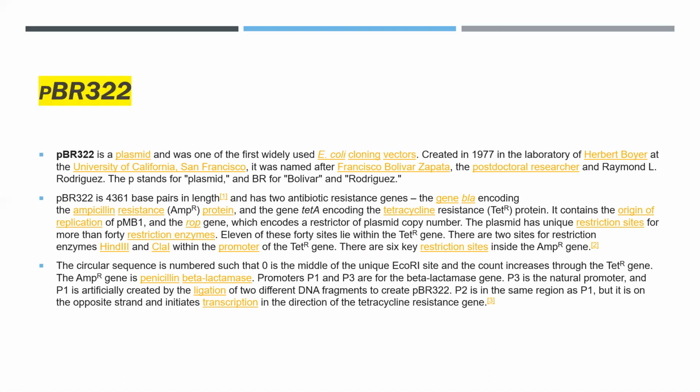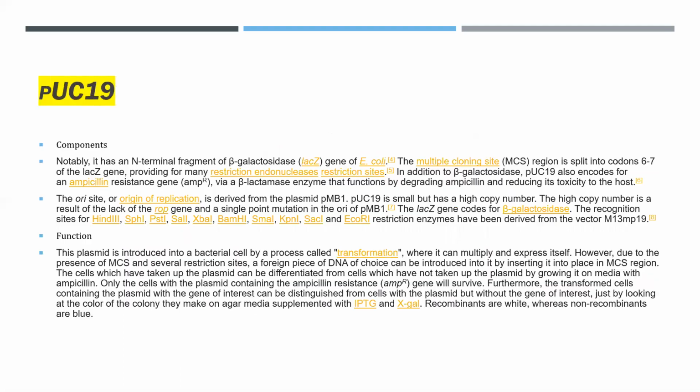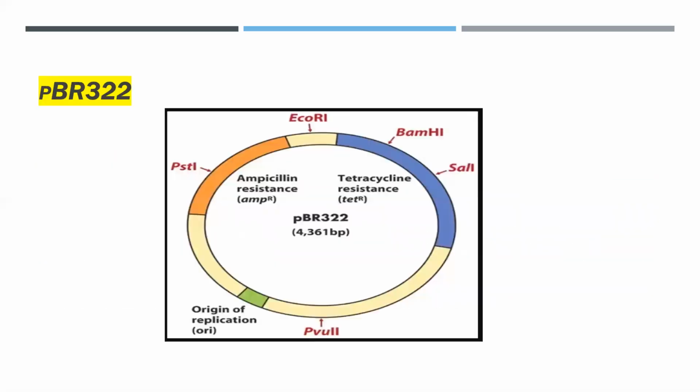P2 is the same region as P1, but it is on the opposite strand and initiates transcription in the direction of the tetracycline resistance gene. Look at here. This is the pBR322 plasmid.